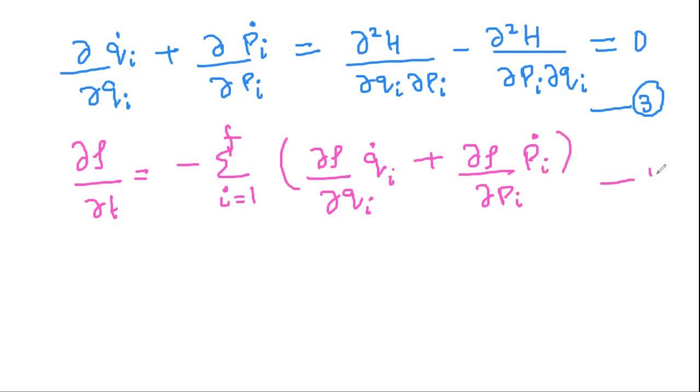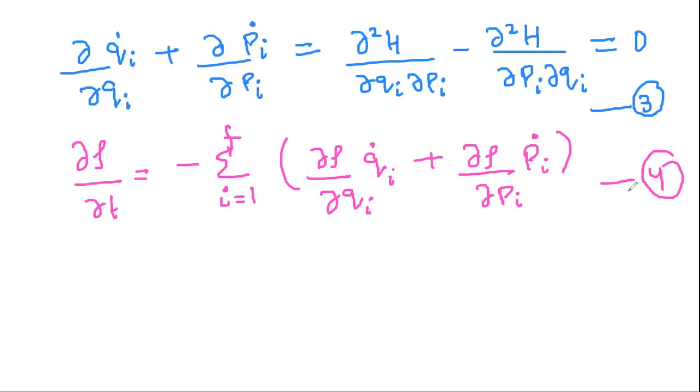We named it equation 4. This is the partial derivative of rho with time, which is one of the forms of Liouville's theorem, which gives us the rate of change of rho with time at a fixed point in phase space.